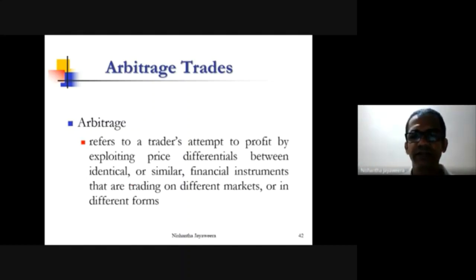Here we are going to discuss the pricing through futures and the cash price of the underlying asset. Through these two different markets, we may observe different prices. Whenever we see that, we can explore that opportunity and make a profit.